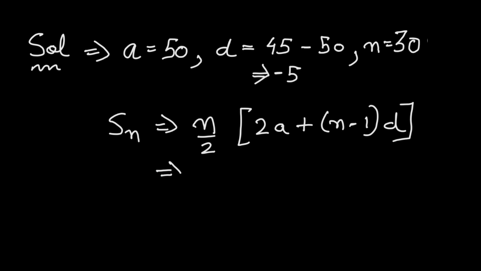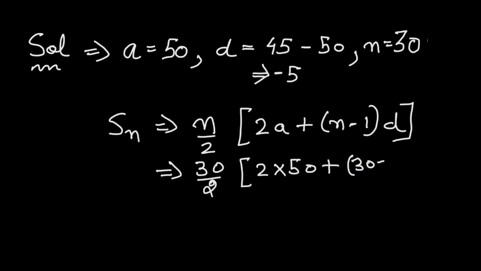So here the value of n is 30. The value of the first term is 50. Again it's 30 minus 1, and the common difference we already calculated, which is minus 5.